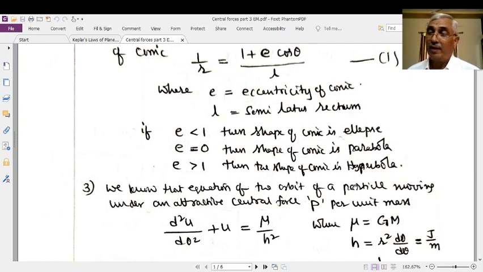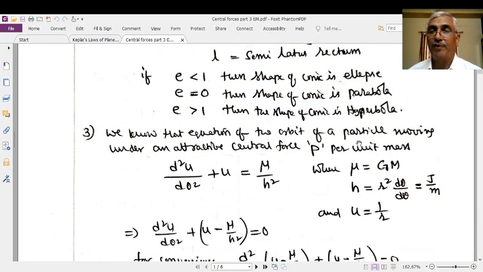We will obtain that equation of motion in terms of its polar equation, that is, 1 by r is equal to something like as shown in the diagram, from which we will get the eccentricity. If that eccentricity is less than 1, then the shape is an ellipse. Therefore, our way is now to go for the equation of motion of the path of a planet.